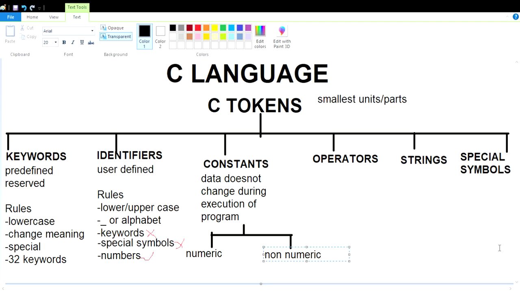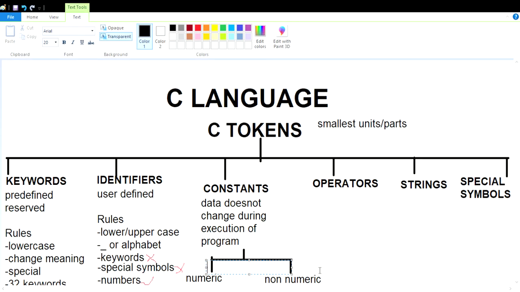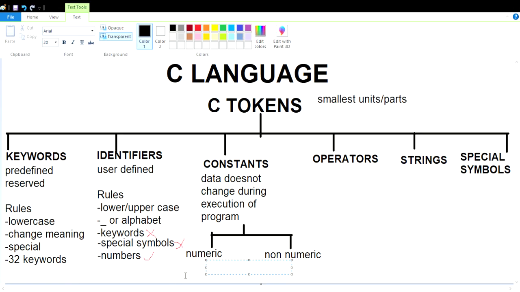Numeric is nothing but numbers, and non-numeric is nothing but alphabets.